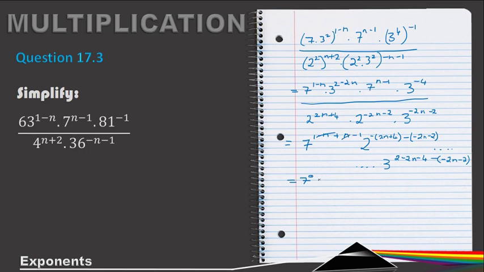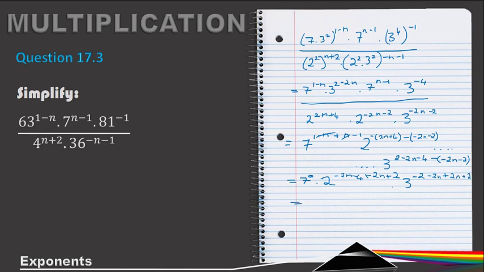Then for the 2, we multiply out the negative. So you have negative 2n minus 4 plus 2n plus 2. And then for my 3, this can be added. 2 minus 4 is negative 2 minus 2n. This multiplies out and becomes plus 2n plus 2.